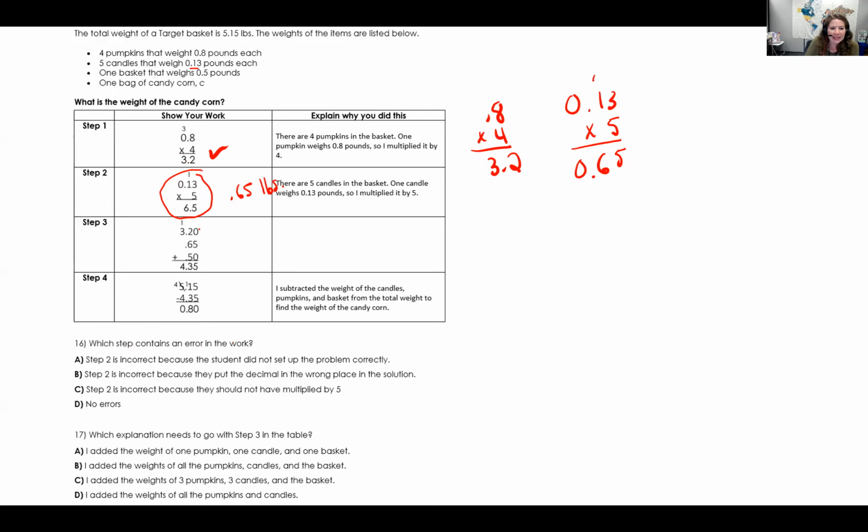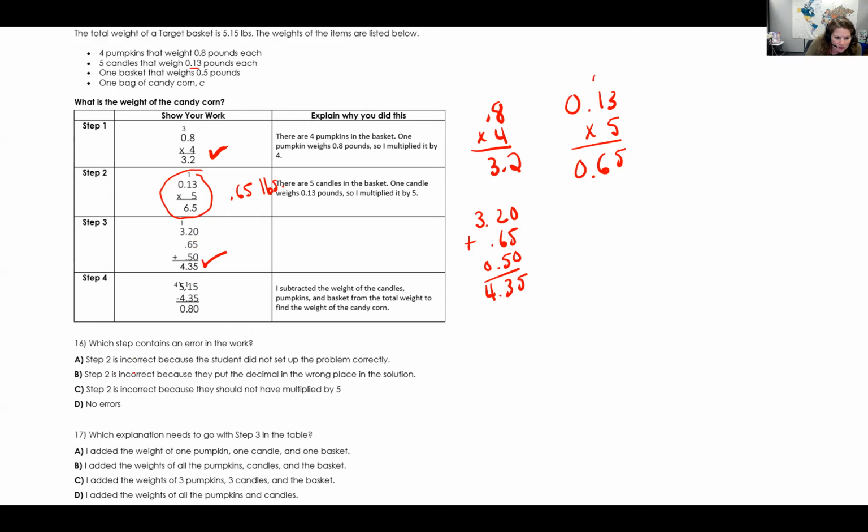So number 16 says, which step contains an error in the weight? Oh, and then they added 3.2 pounds plus 0.65 pounds, which is what the actual candles are, plus the weight of the basket. And we found that that's correct, the weight of the basket and the pumpkins and the candles.